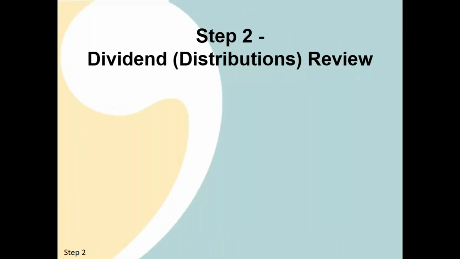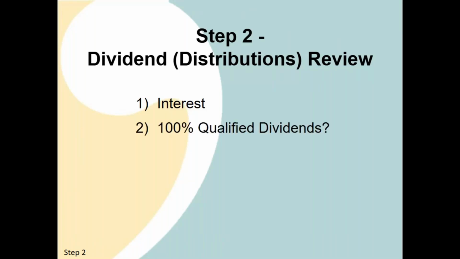There are 4 different things you need to do during this step. First, you need to check that the interest entries shown in Bivio agree with what your broker shows on the 1099 INT. Second, you need to make sure you've identified the investments in Bivio that don't pay 100% qualified dividends.